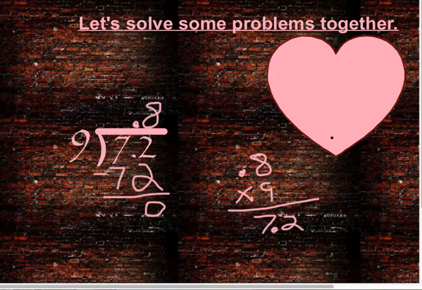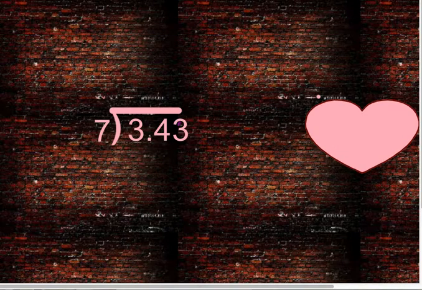Let's look at another one. 3.43, or 3 43/100, divided by 7. There again, we don't have any decimal points in the divisor, but we have it in the dividend. So we're just going to move it directly up here. And then we're going to treat it like it's just 343. So we look at it.